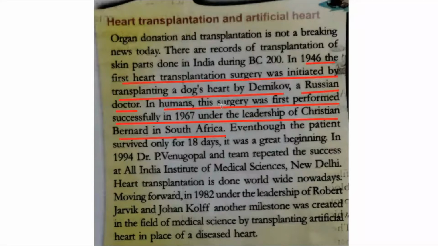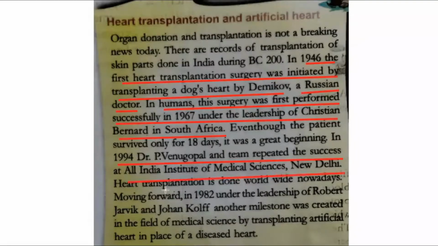What about humans? That is in the year 1967, under the leadership of Christian Barnard in South Africa. Even though the patient survived only for 18 days, it was a great beginning. But in the year 1994, Dr. P. Venugopal and team repeated the success at All India Institute of Medical Sciences, New Delhi.